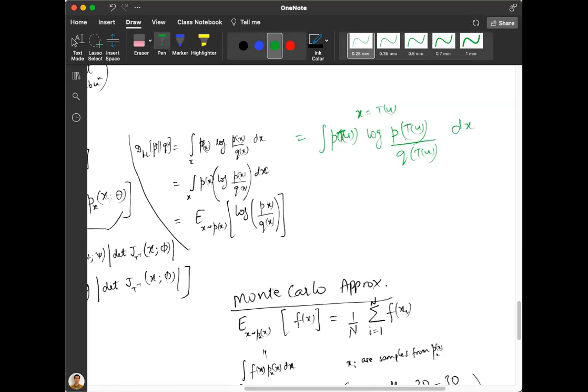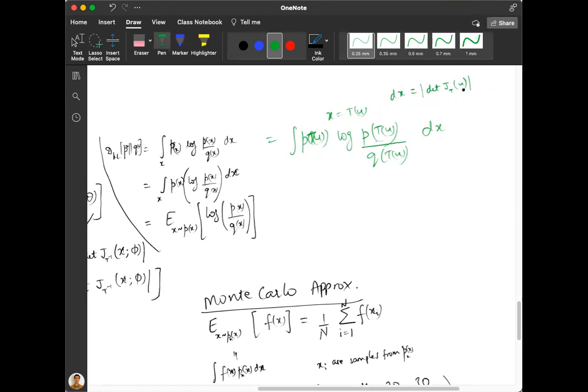Now dx can be written as what? dx is equal to the mod determinant of the Jacobian of T times du.